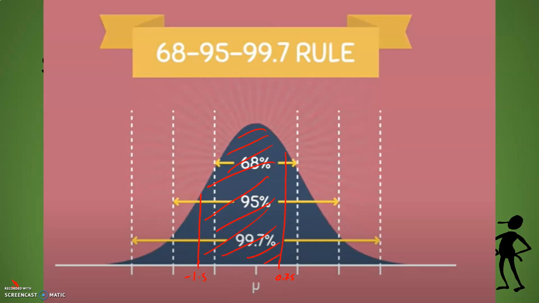And that's basically normal distribution, is using the proportion of the graph and the standard deviation to work out what percentage of the area is within those values.